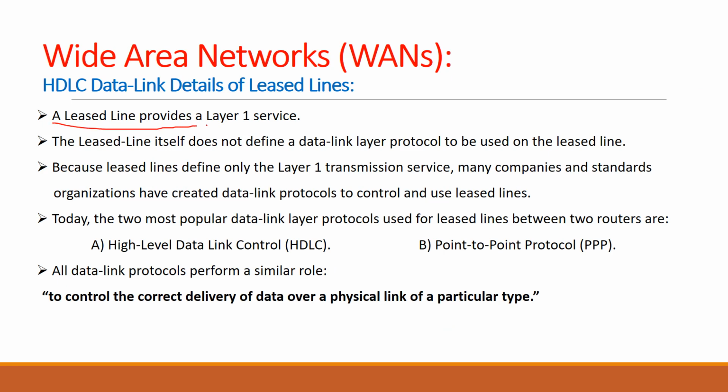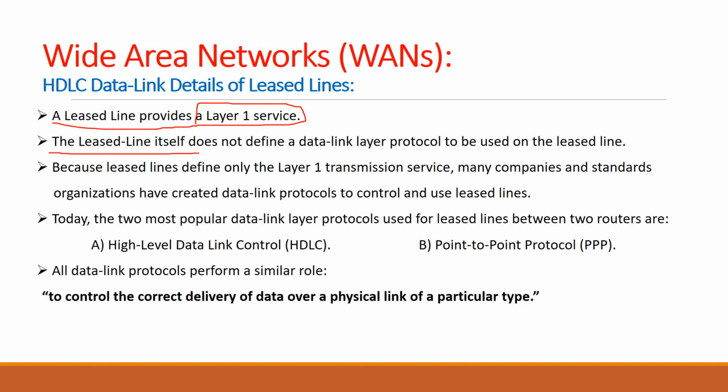A leased line provides a layer 1 service, and layer 1 defines the physical layer in the TCP/IP model. As we mentioned in the TCP/IP model, layer 1 is the physical layer.